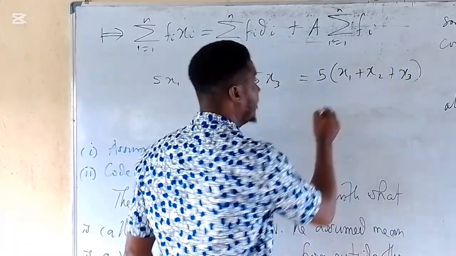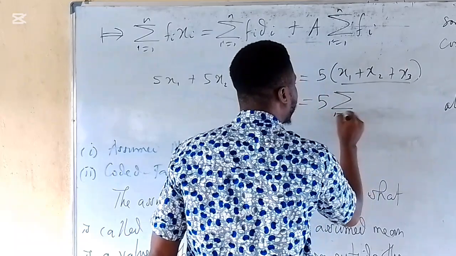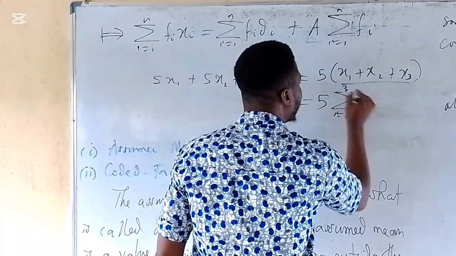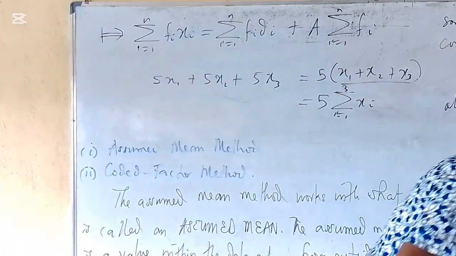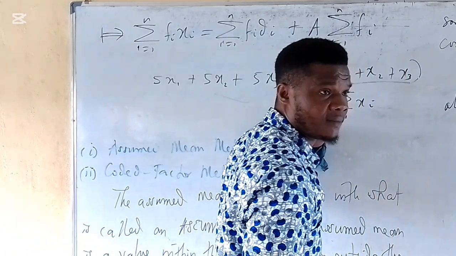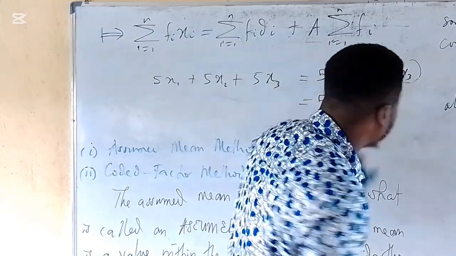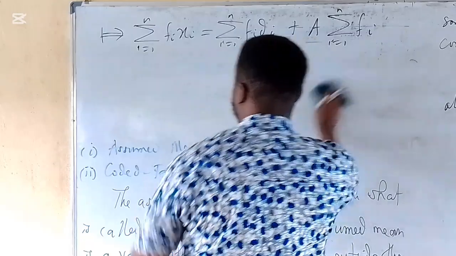Is it not so? Then, if I want to write this in shorthand, what would I put? i equals 1 to 3, xi. So, when the sigma takes on this one that is a constant, it will push it out just like this and take on the variable. So, at the end of the day, this is what you are going to get.